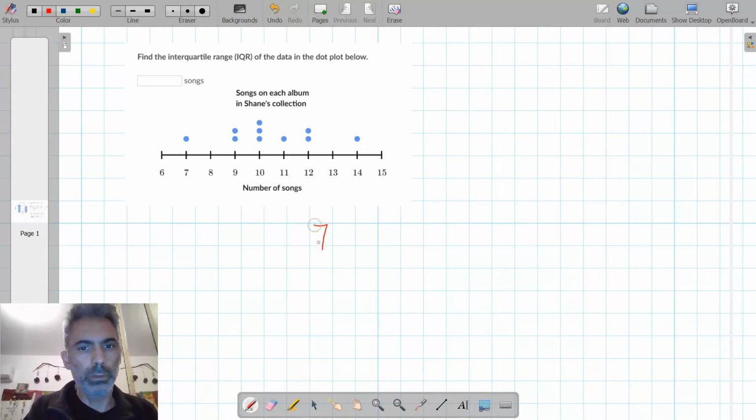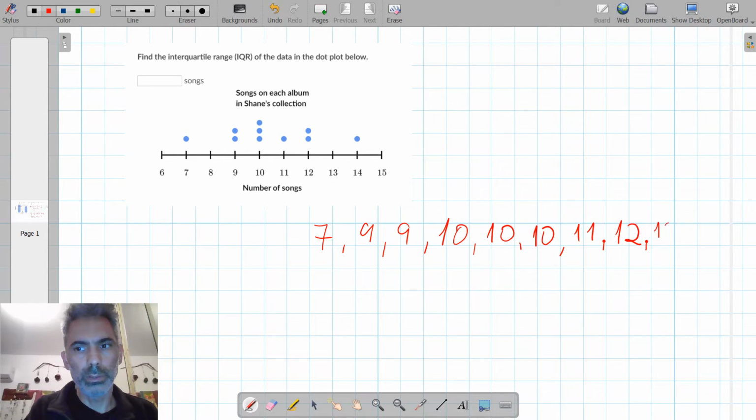So we have 7, 9, and another 9, 10, 10, and 10, 3 times, and 11, 12, 2 times, twice, and 14.